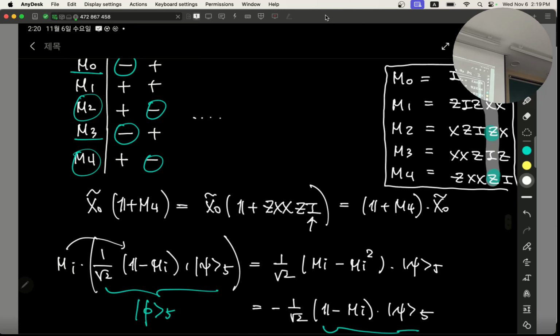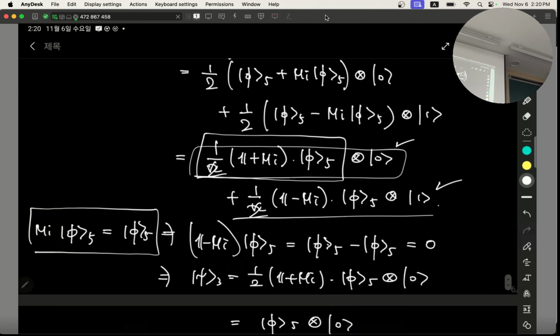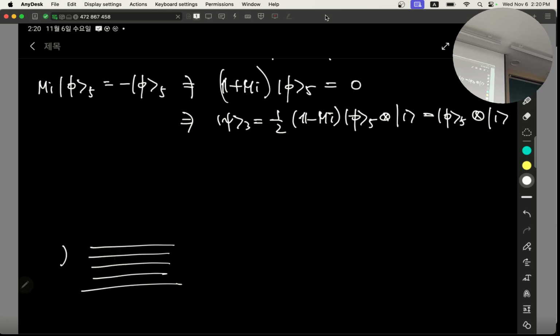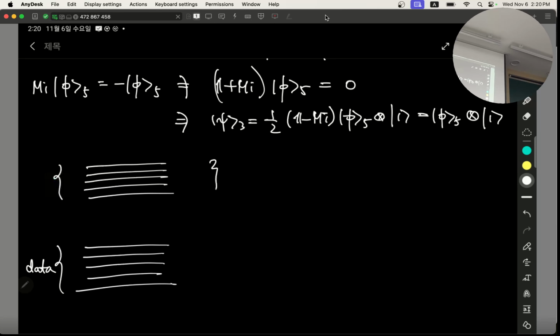So, in fact, the circuit looks like this. You have 5 qubits, so this is the data qubit. And then here is another 5, called the ancilla qubit. This is called a syndrome measurement. Without changing anything on the data qubit, you simply detect whether there is an error or not.